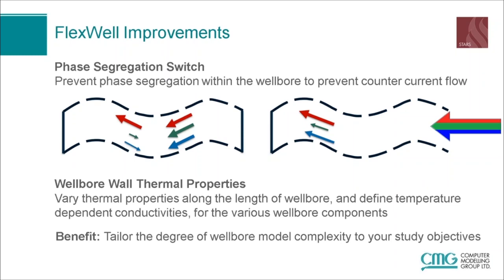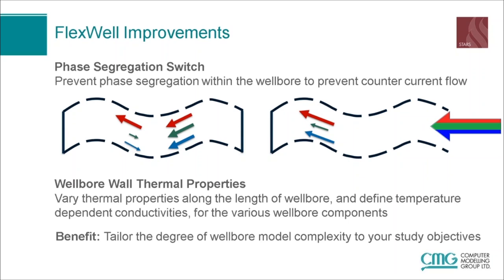FlexWell also has very rigorous heat loss calculations, and we've improved them this year by allowing the user to specify their metal tubing or annulus wall heat capacities and thermal conductivities varying along the length of their wellbore. So basically, this will let you model composite tubings where you have different properties or different materials representing your well along the length.